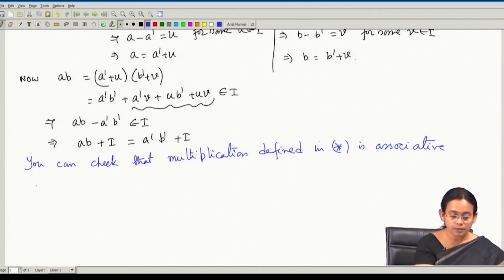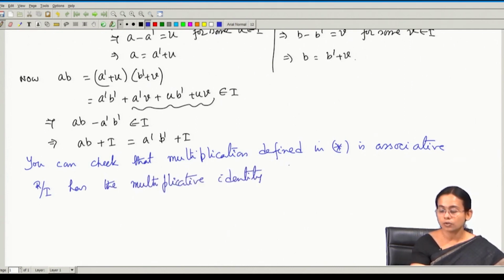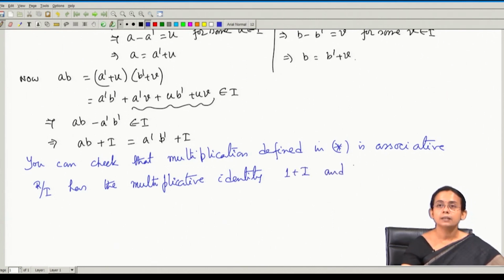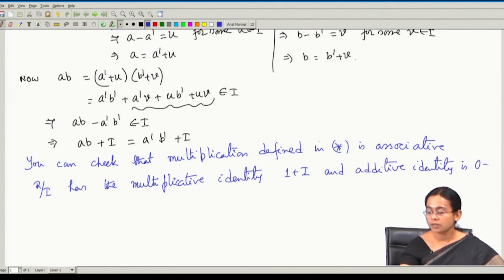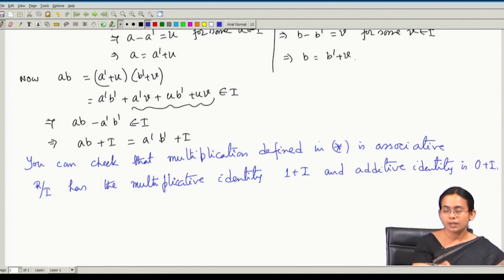So, that means R quotient I has the multiplicative identity, the left coset corresponding to 1, so 1 plus I, and the additive identity will be nothing but the corresponding left coset of 0, denoted by 0 plus I. That is in fact the ideal I itself, the additive identity.